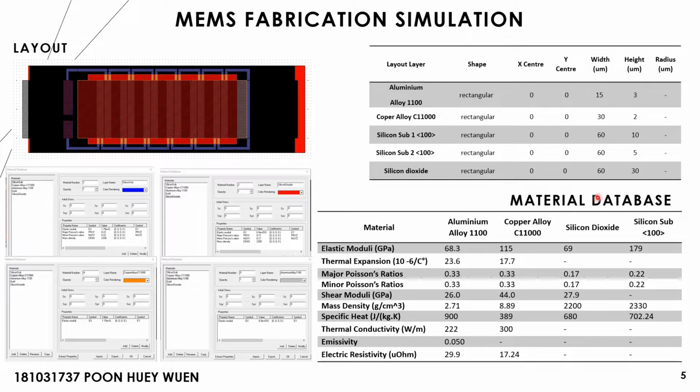Those materials we have defined, and the coordinate XY are set at the origin, and the width and the length of the layers are defined in micrometers. Due to the complexities, the layout is not able to be shown at once, so more detailed layer layouts will be presented in the process definition and 3D model section.